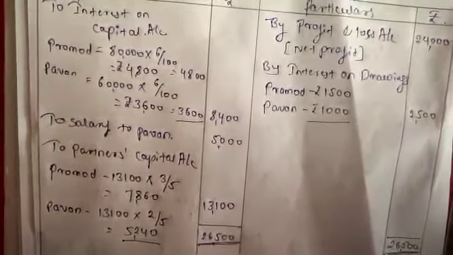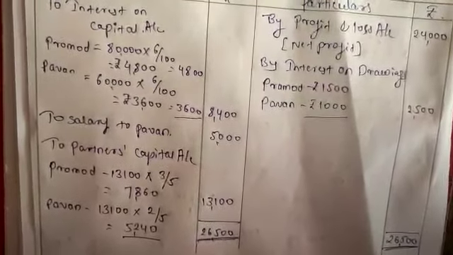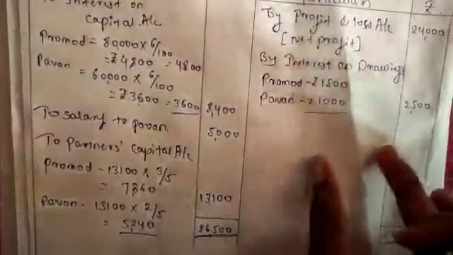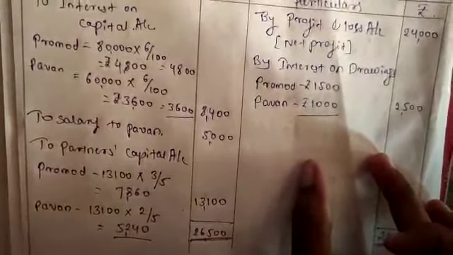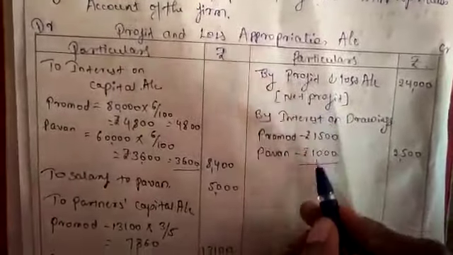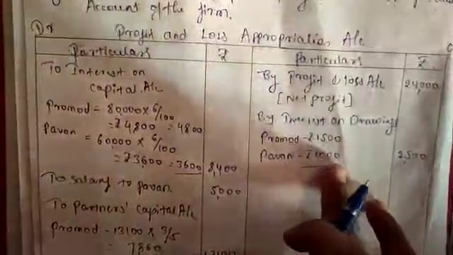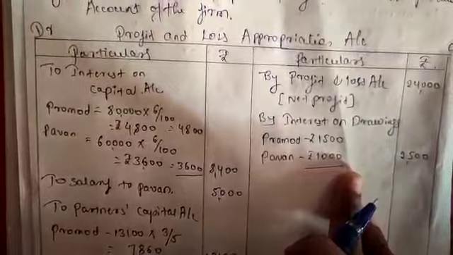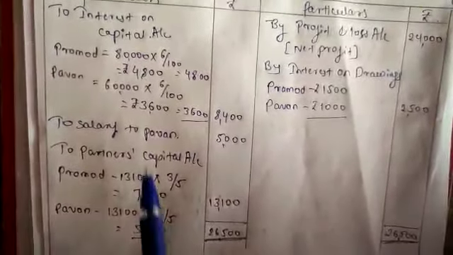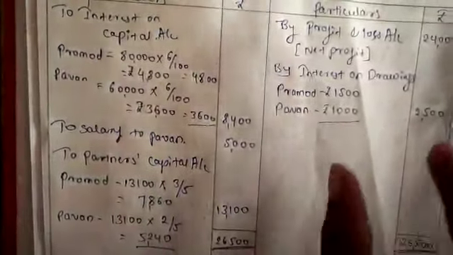So this is the method to solve the profit and loss appropriation account. It is the easiest way to understand. First take the funds, the incomes on the credit side, that is net profit and interest on drawings. First collect. Only 2 entries are coming on the credit side here. And on the debit side, spend the fund which is collected on the credit side.